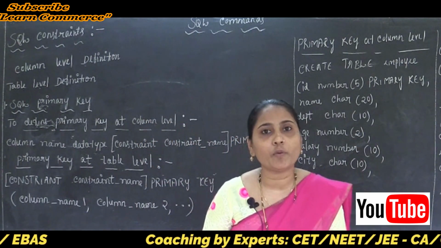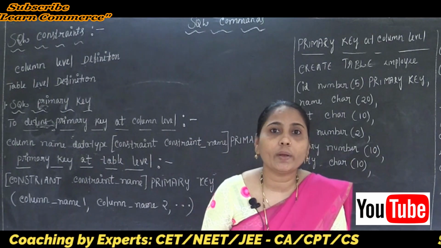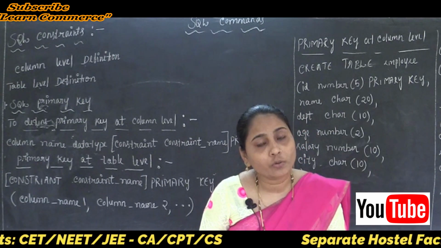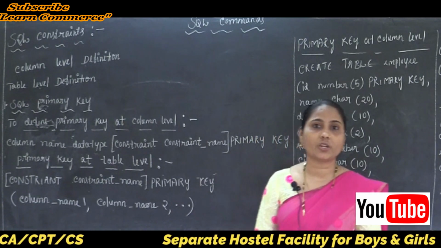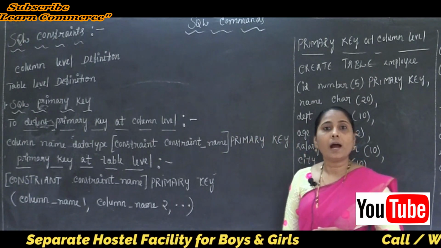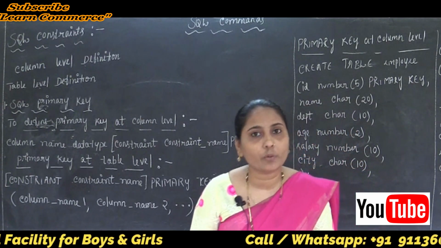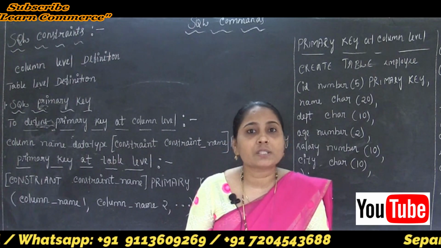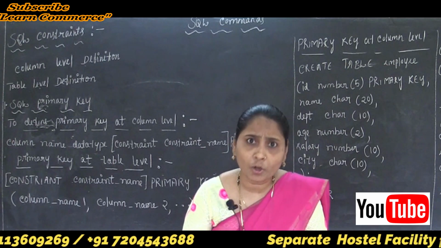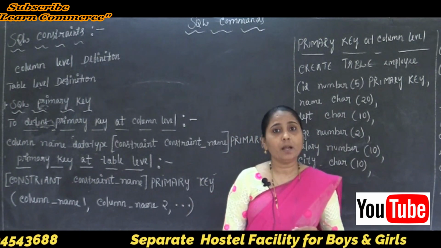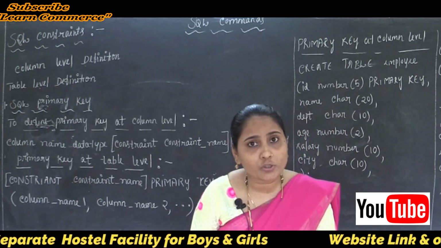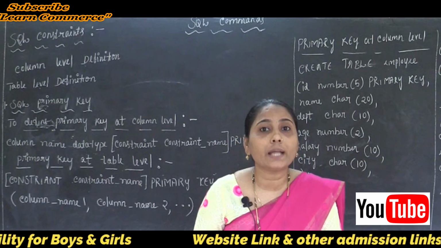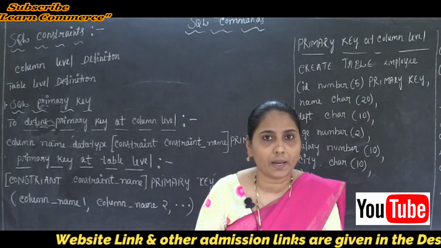We know the full form of SQL, structured query language, and now the meaning of the constraint. The constraints are the rules. Whatever rules we are applying on a table, on a data column, such a rule is called a constraint. So the constraints are the rules enforced or applied on data columns or on a table.